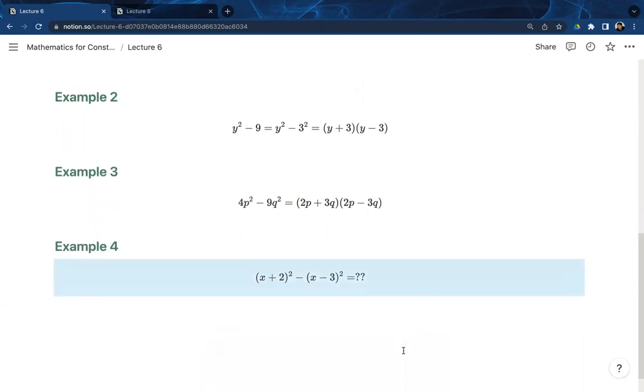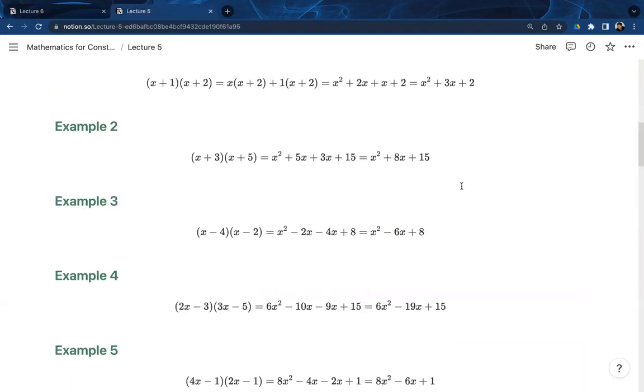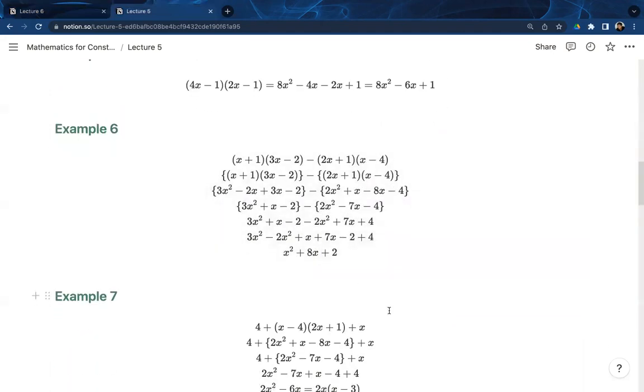Now, if I ask you to simplify this, what would you do? Most people, the default thing is to expand everything, collect together like terms and simplify. That's what we were doing in the previous lecture, like up here, right? We would expand and collect like terms and simplify, okay?